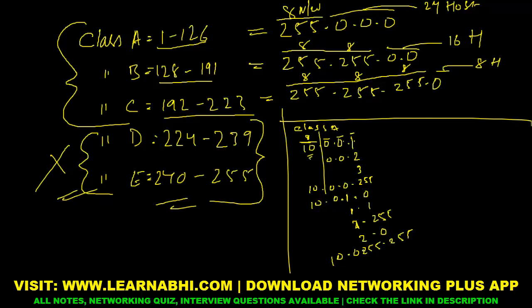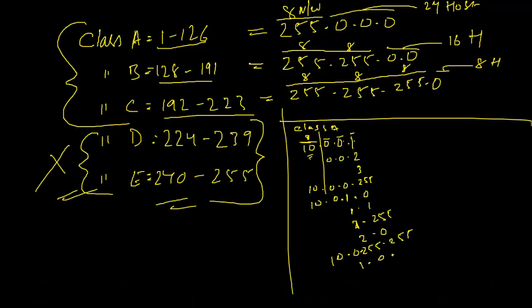After that this number is going to become 1 and these are going to become 0 and 0. Again there will be one time that this one is also going to convert to 255. So this address is going to keep running until it reaches 10.255.255.255. This is the last IP address. Got it? This number you cannot change. In class A, this number you cannot change.